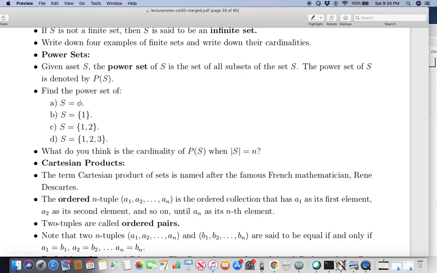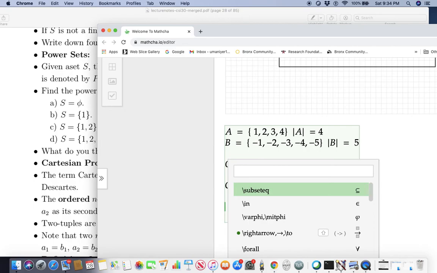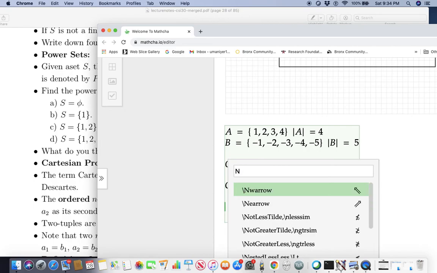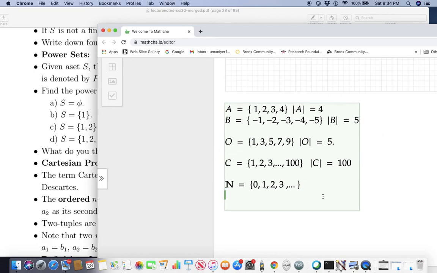Power sets. Have we seen, by the way, any infinite sets? Of course we have seen. The set of natural numbers, right? This goes on forever. This set cannot be bounded at any position. It keeps going. This is the set of natural numbers.